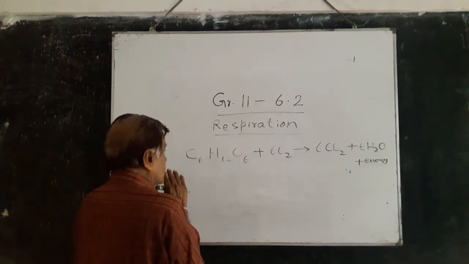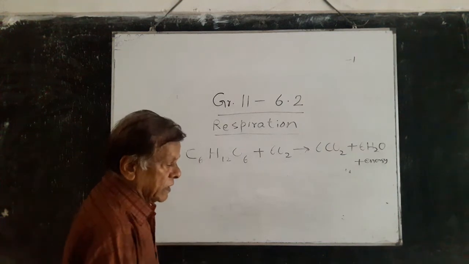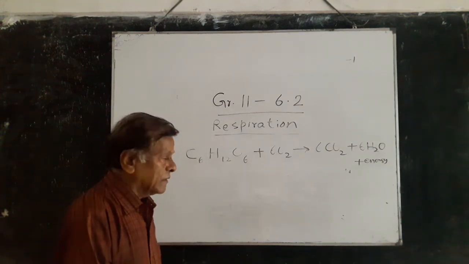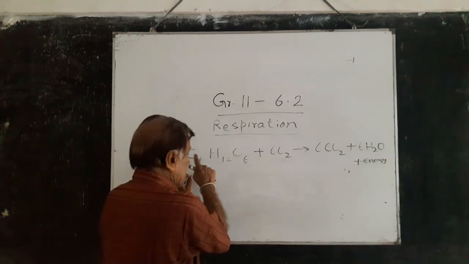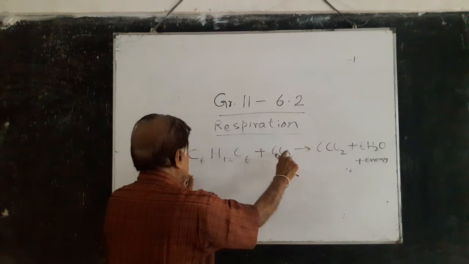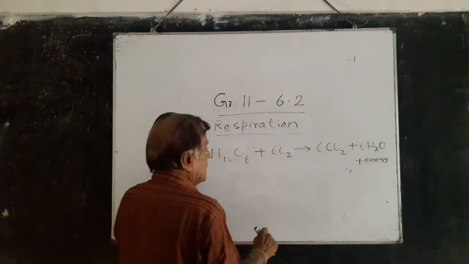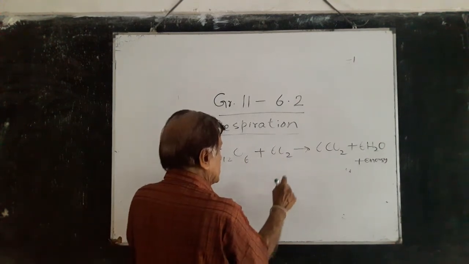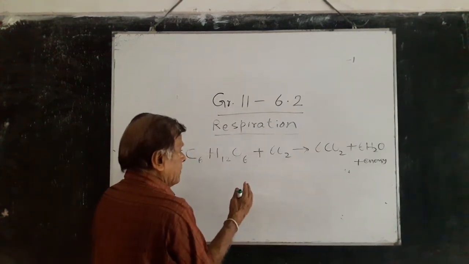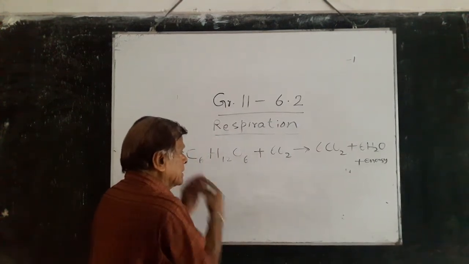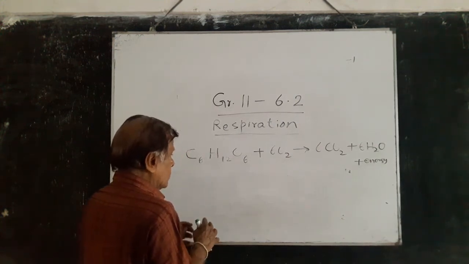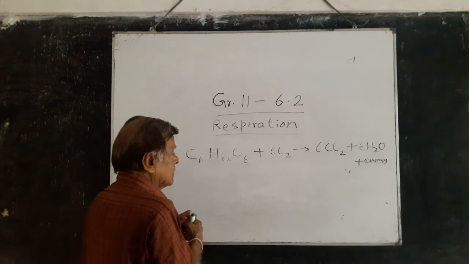But actually, though we represent this process by this equation, in between the starting substances, glucose and oxygen, and the end products of this process, carbon dioxide and water, there are many intermediate reactions when glucose is oxidized.